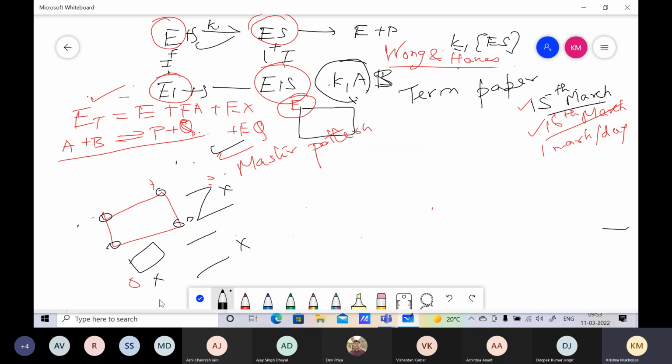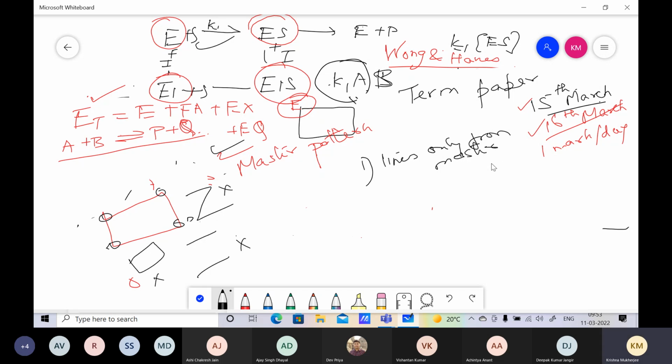Are you getting this point? So there are these three requirements. I should write it down actually. Lines only from the master pattern, and this is your master pattern. You cannot have random lines coming in.